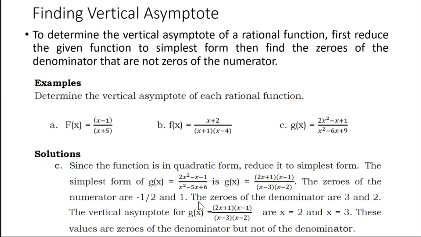So the zeros of the numerator are negative 1 half and 1, and the zeros of the denominator are 3 and 2.